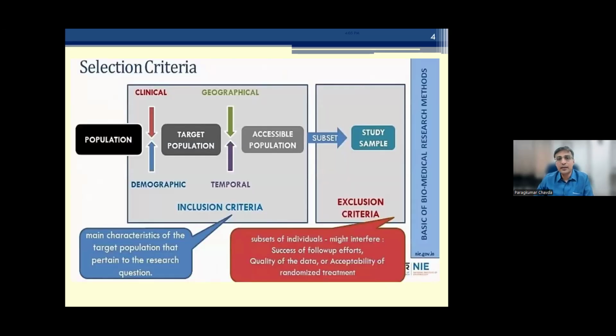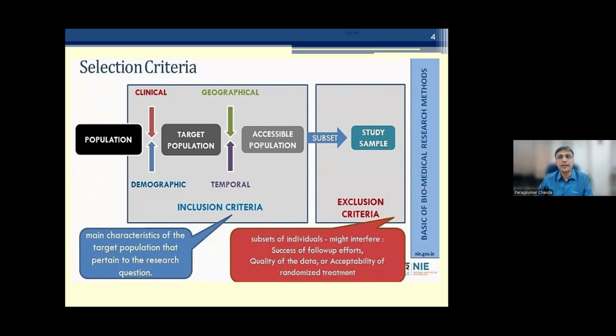This slide explains a little about the inclusion and exclusion criteria. Many people have confusion about this. A common confusion is that anybody who does not meet the inclusion criteria becomes my exclusion criteria, and that is not the case.